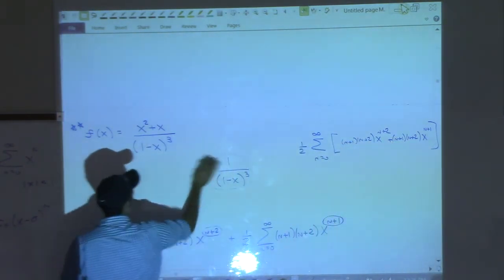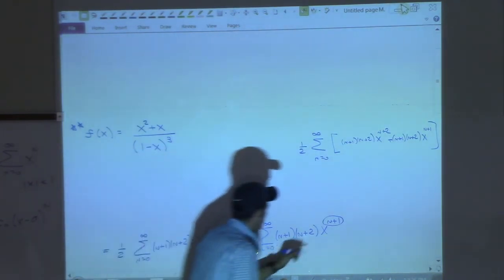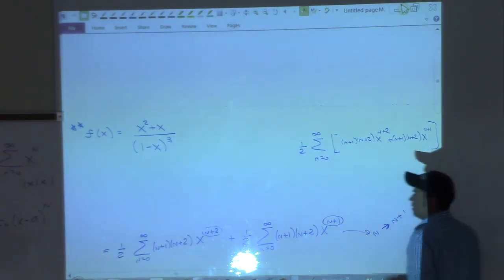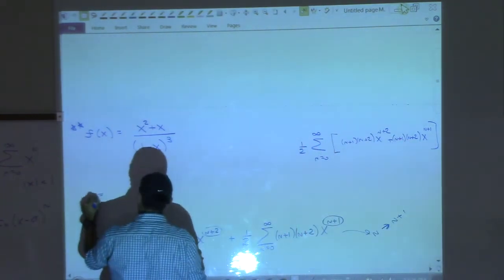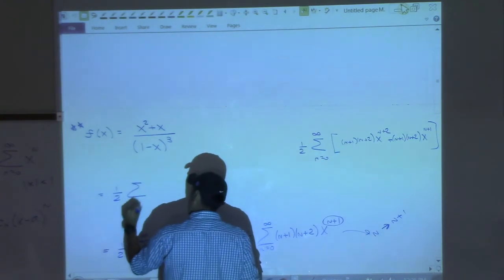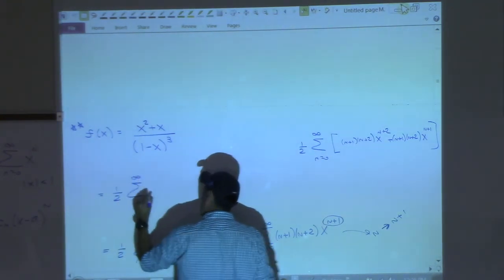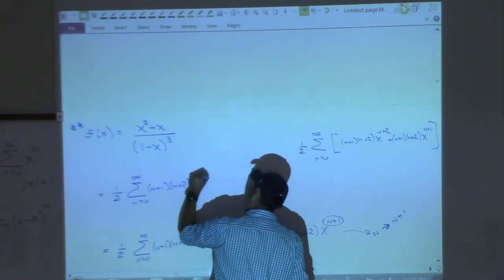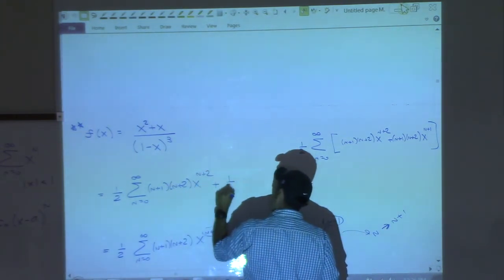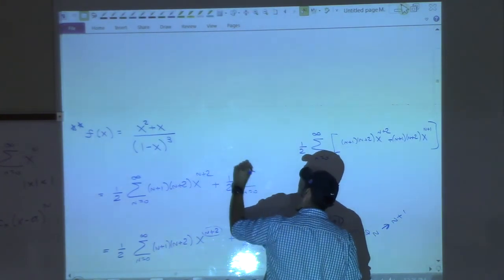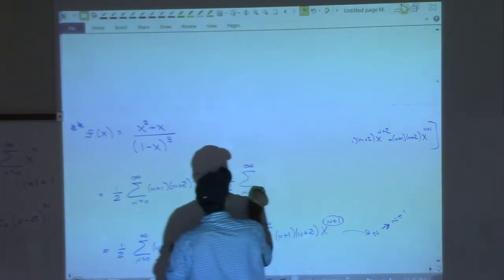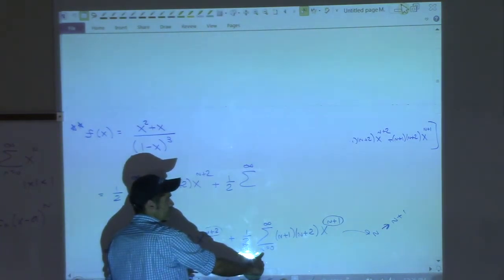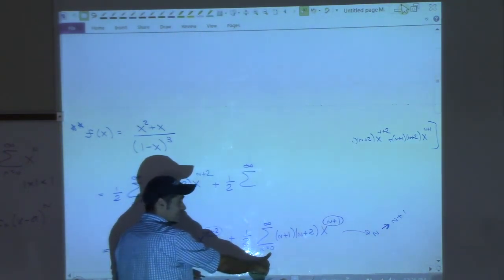Okay, so if I replace n with n plus 1, just on this one, then my new line becomes 1/2 sum n equals 0 to infinity, n plus 1 times n plus 2, x to the n plus 2, plus 1/2 sum. No, not 0, but n equals, I'm replacing this n with n plus 1, right?